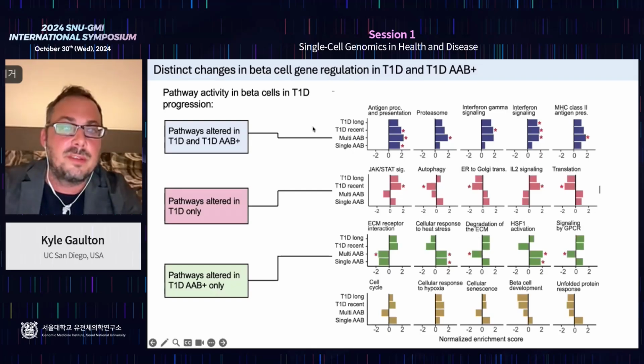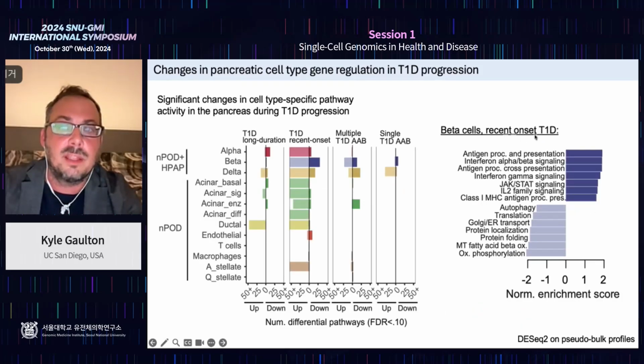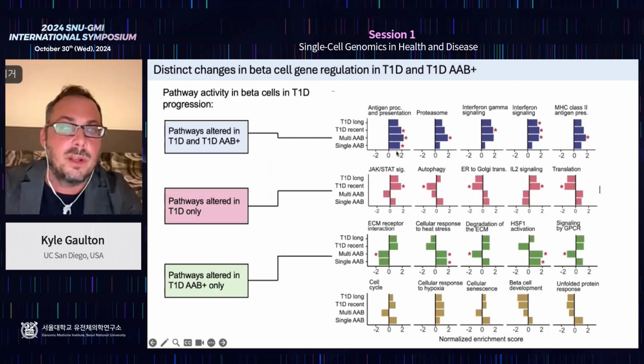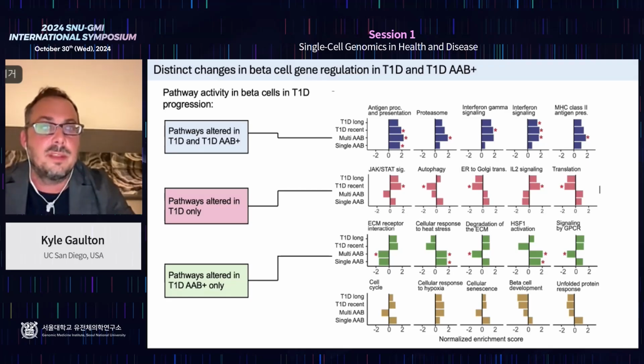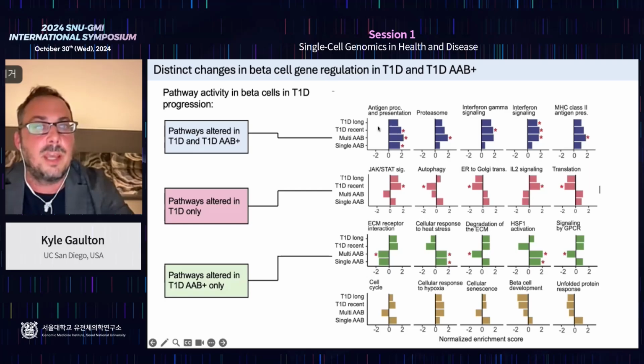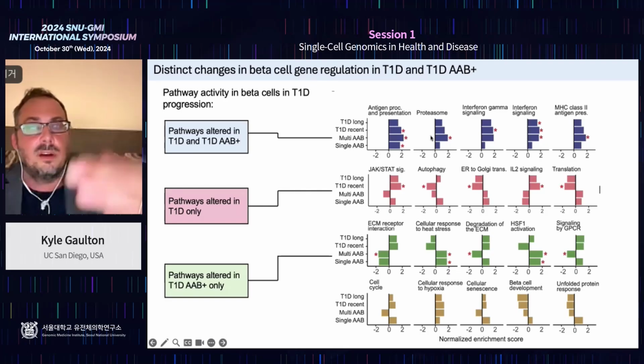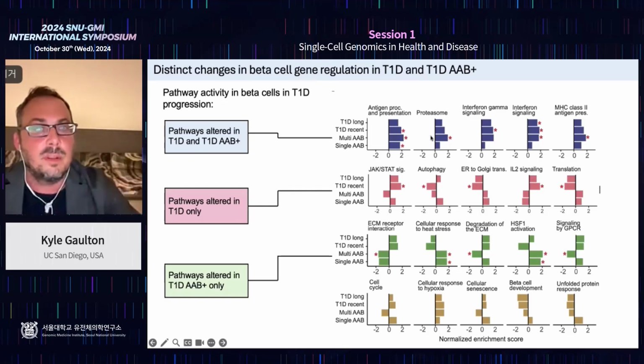But we were quite interested in not just looking at individuals who had type 1 diabetes, but what was going on in the preceding states and people who are autoantibody positive, to gain insight into what changes might be occurring before disease. And just at a high level, I'll say that we find some similarities in the preceding stages. So the pathways I just mentioned, cytokine signaling, interferon signaling, antigen presentation, are all upregulated even in the early stages of disease.